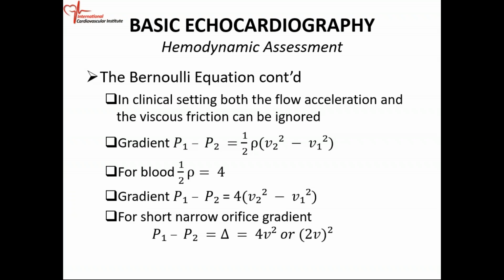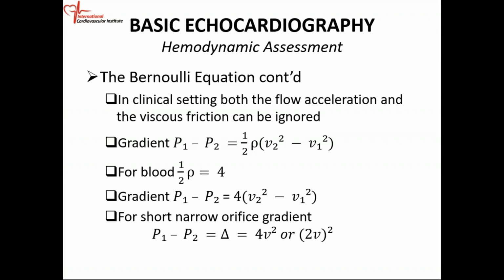Blood is not just going to flow willy-nilly like that. You have to have a pressure difference. The pressure in the RV has to be greater than the pressure in the RA in order for blood to flow from the RV to the RA. So there is a gradient, and that pressure gradient is going to generate a velocity. The blood is going to flow across the tricuspid valve with a certain amount of velocity.